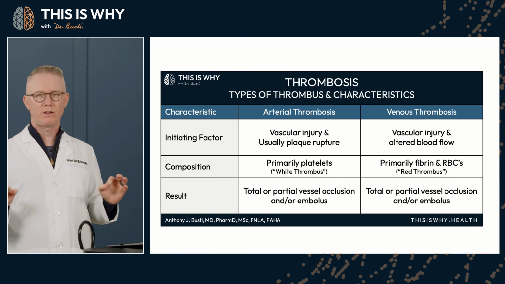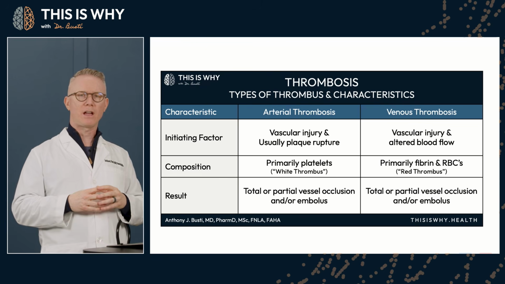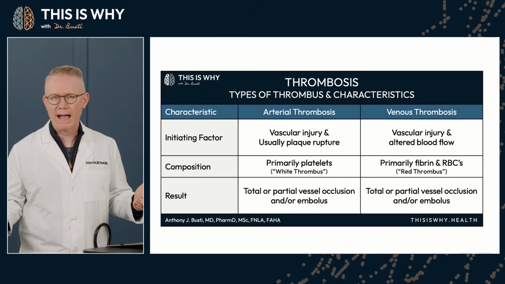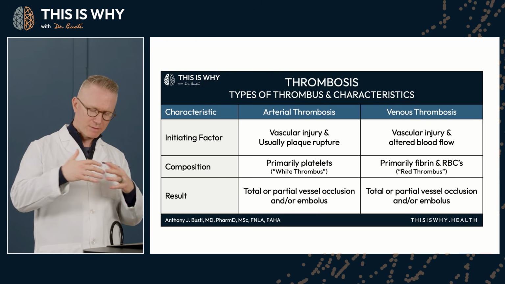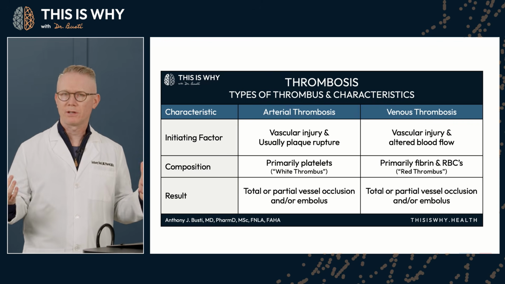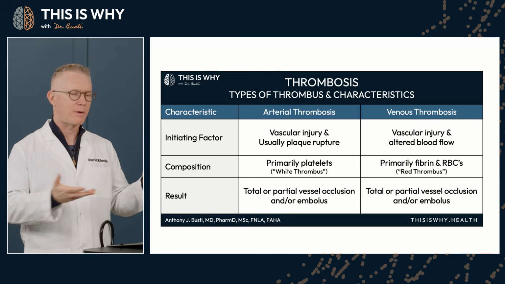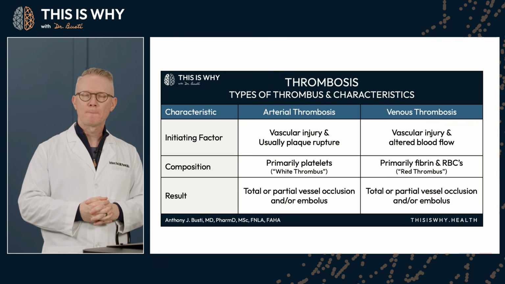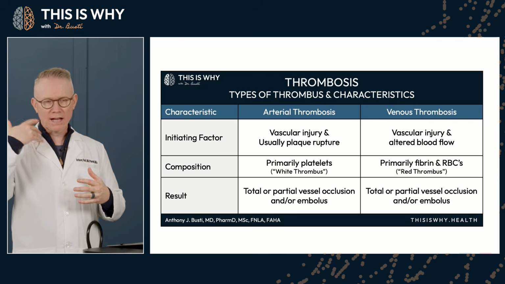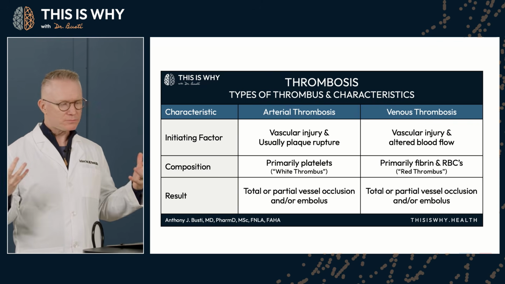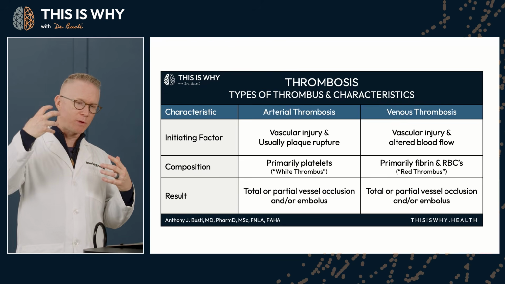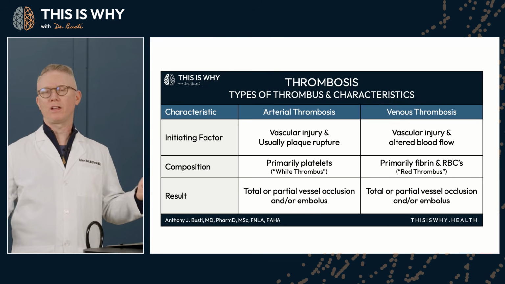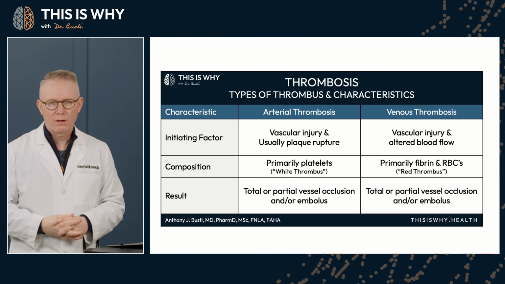But with an arterial, most commonly we're thinking of a ruptured plaque. The endothelial cap around that plaque ruptures, and that's what triggers a myocardial infarction, right? You have plaques in the carotid arteries that can rupture and form clots. They break off, they go to the brain, acute ischemic stroke, okay?